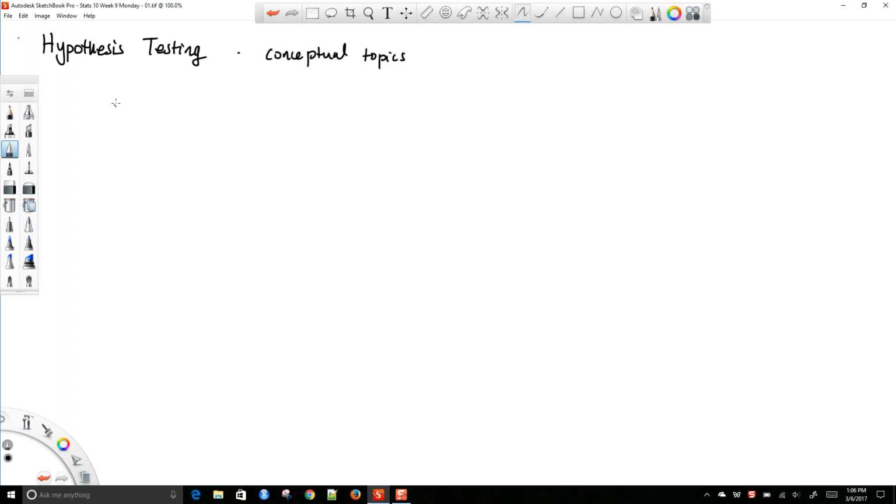Okay, so what we've established is that in the process of hypothesis testing, we go through the calculations to find a p-value. So steps 1 to 3, at the end of there we get a p-value.